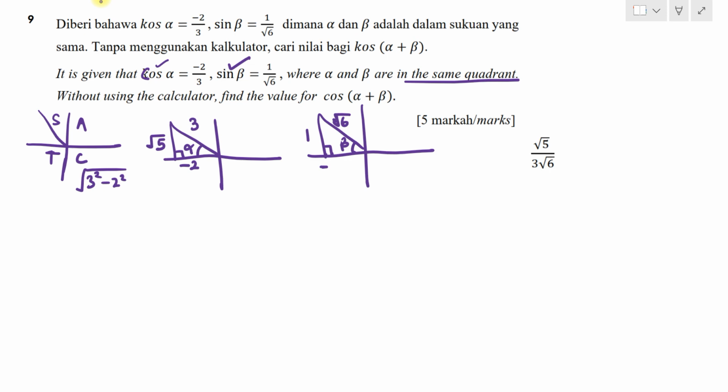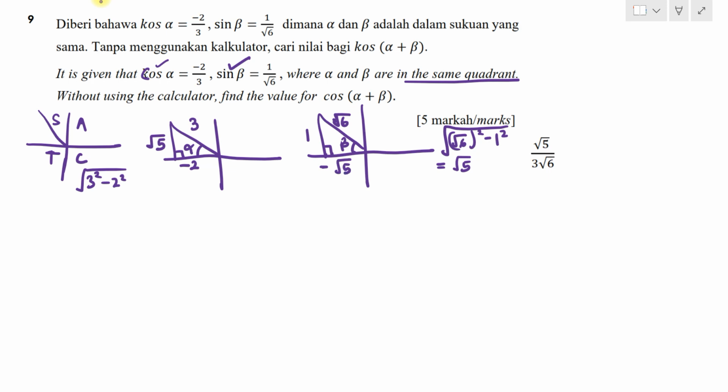So square root of 6 square minus 1 square to find the opposite. Square root 6 square is 6, 6 minus 1 is square root 5 here. So negative square root 5.